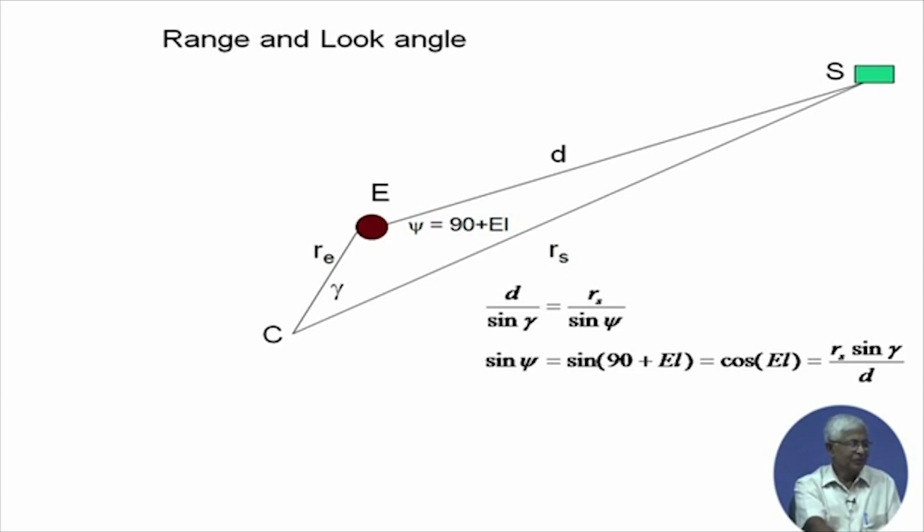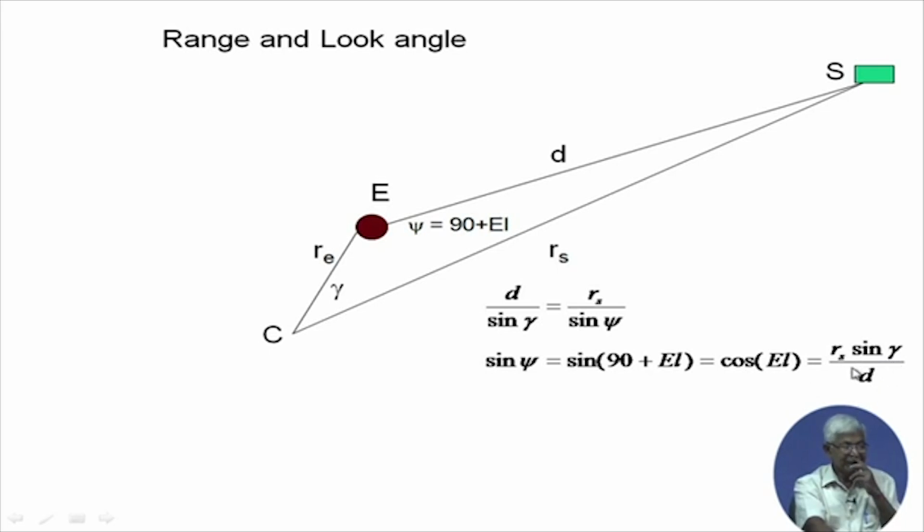Using sine law, we can state that d by sine gamma, opposite side angle, is r s by sine of the opposite angle, which is sine psi, which is nothing but 90 plus elevation. So, sine psi is sine of 90 plus elevation, which is nothing but cos elevation, and by side changing you can find out the cos elevation is r s sine gamma by d. Simple triangle.